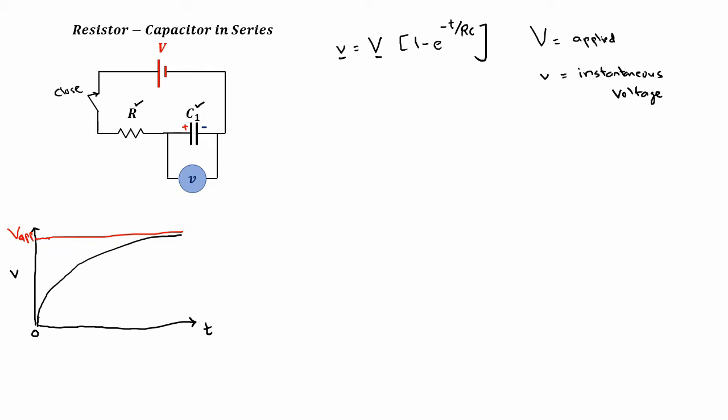Now in this equation right here, R times C is called the time factor. For this time factor, we use the symbol tau.